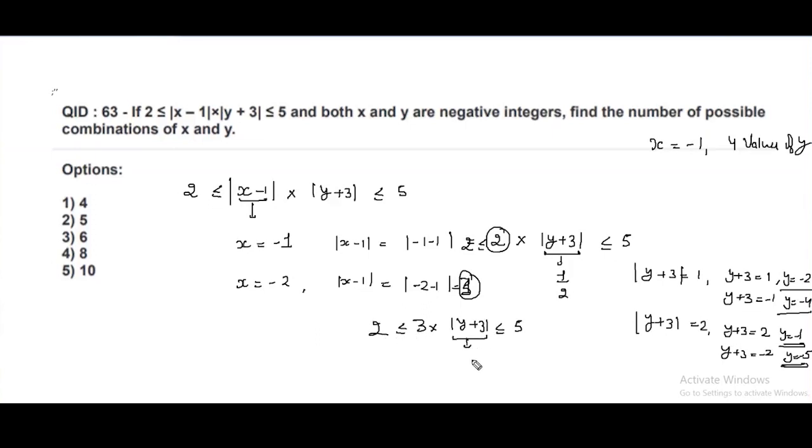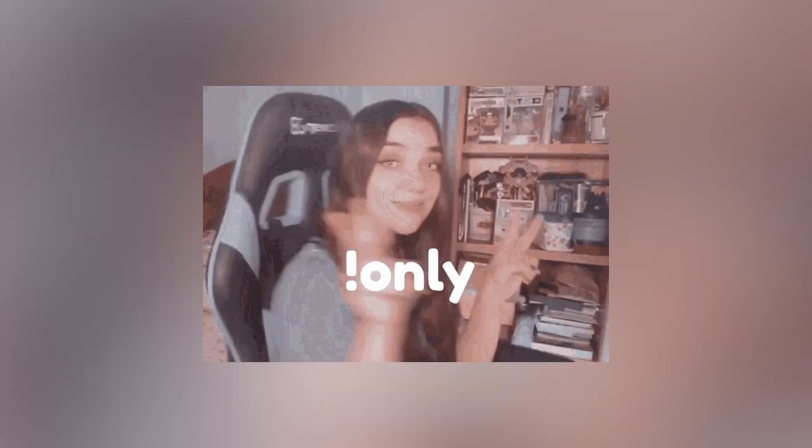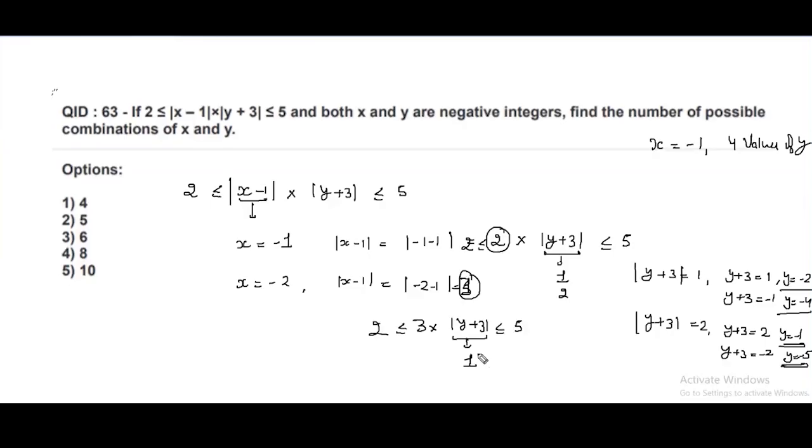So |y plus 3| this time can only be 1. If it can be 1, I cannot take 2. So I'll get two more values. y plus 3 can be 1, y plus 3 can be minus 1. So y will be either minus 2 or minus 4. So with x minus 2, I'm getting two values.